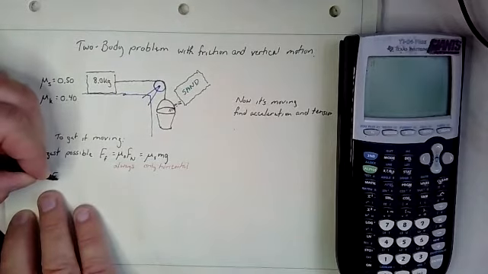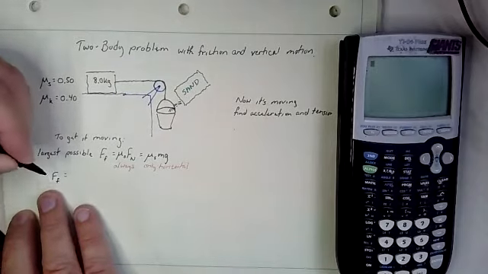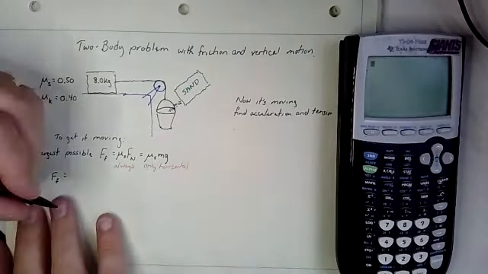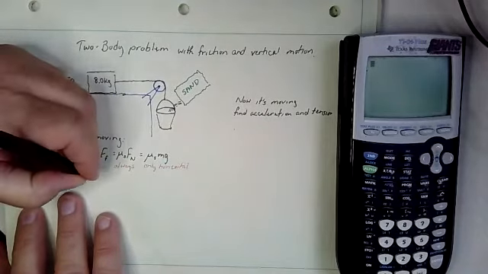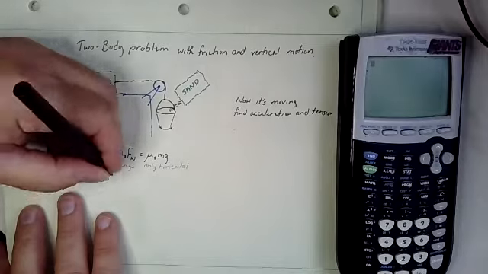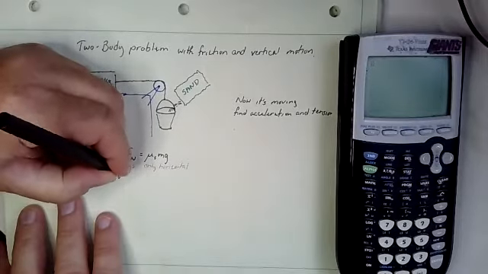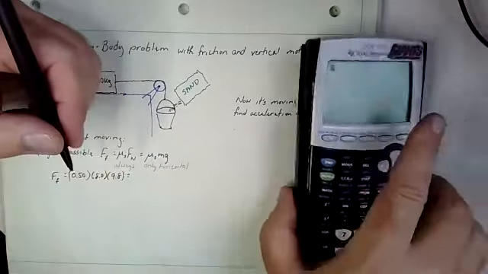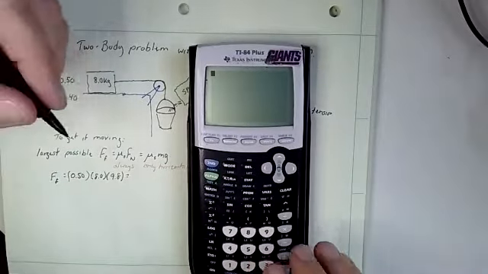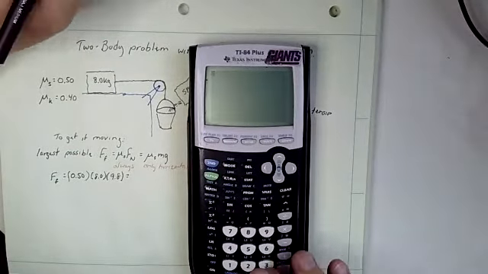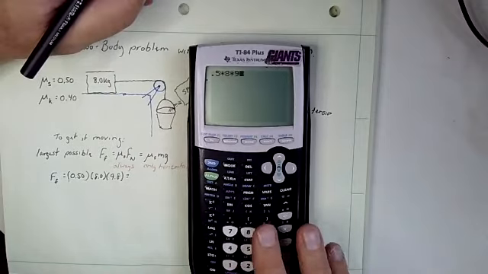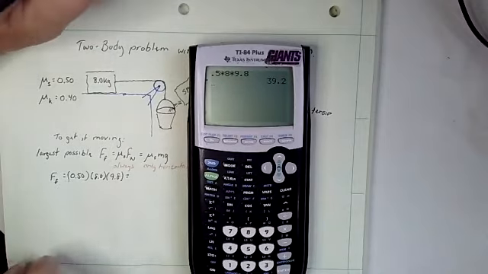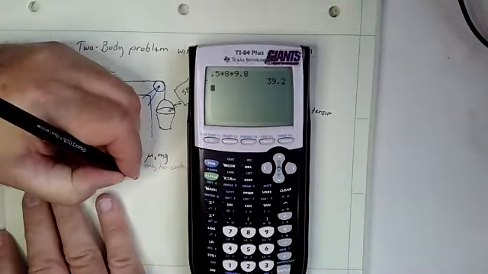Okay, so we can get a number then. The coefficient of static friction is 0.5, and the mass is 8 kilograms, and the value of the gravitational field for the Earth is 9.8 meters per second squared, or newtons per kilogram. 0.5 times 8 times 9.8 is 39.2.